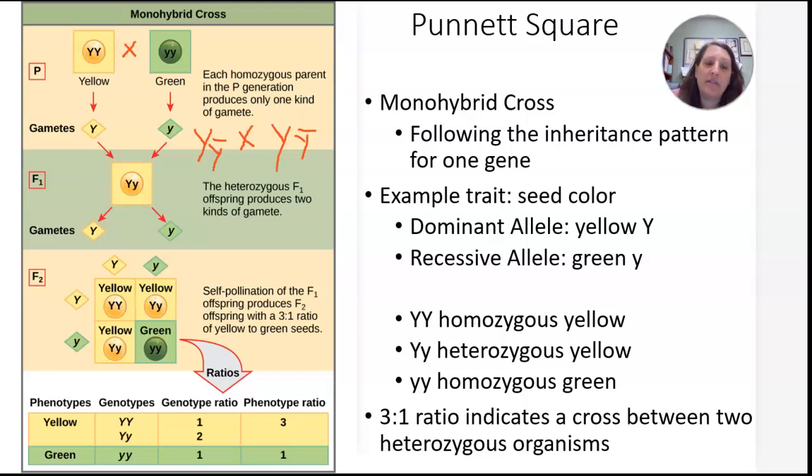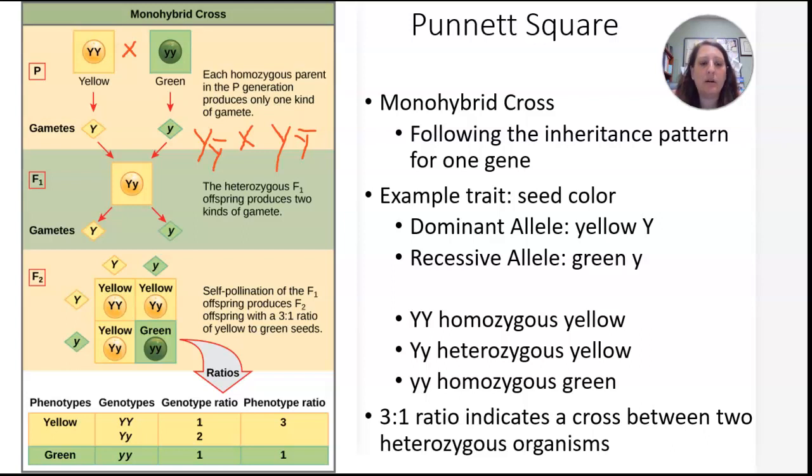Now I have this cross, two heterozygotes from the F1 generation that are allowed to mate. What kind of gametes can each of these parents produce? That's shown here. This genotype can produce gametes that hold either a capital letter Y or a lowercase letter y. You have to think back to meiosis. I'll show you that at the very end of this part of the chapter.